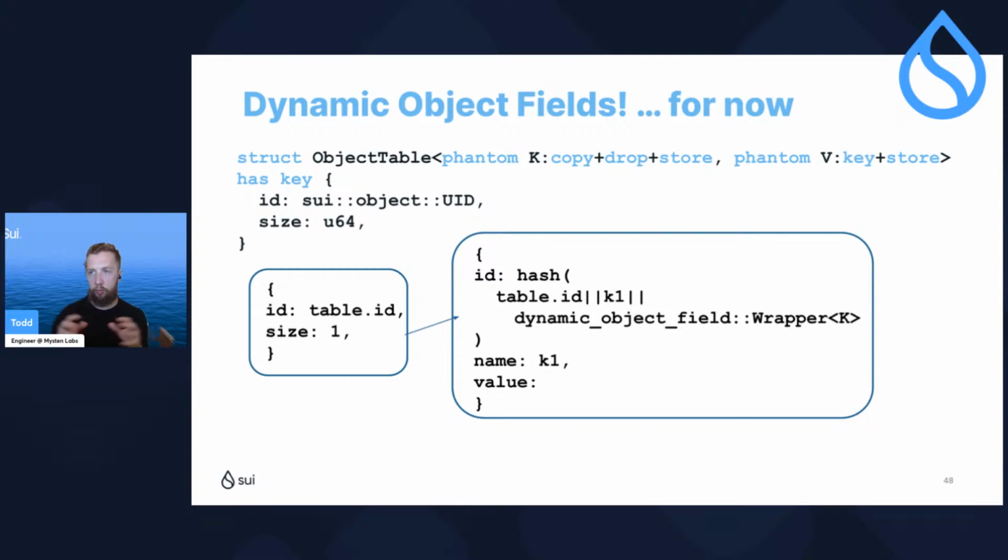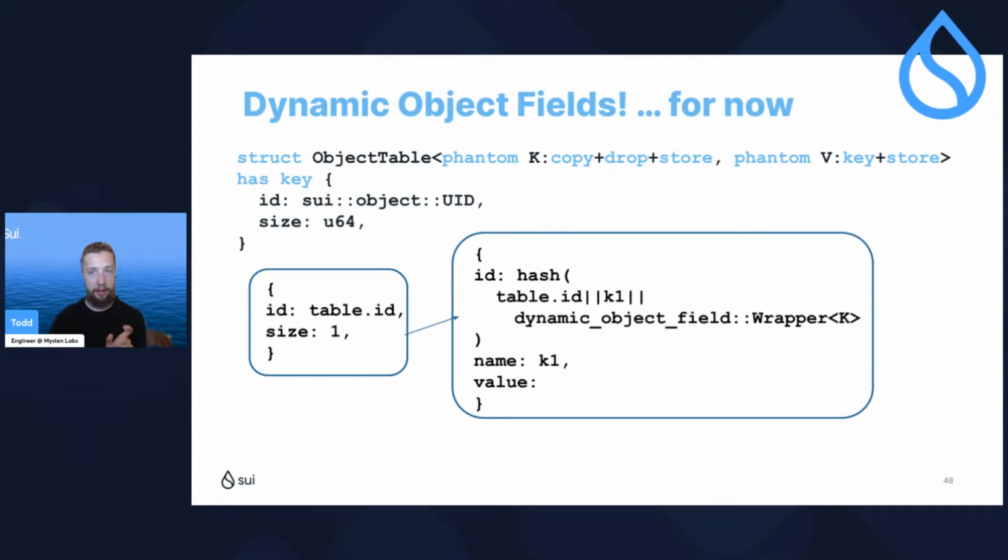For a table, we might want to wrap the keys again to make sure that we're not leaking access, but we don't really need to because we would be restricting the access through the UID. So the only thing we need to worry about instead is just accessing through the dynamic object field. We want to make sure our object fields don't collide with our normal dynamic fields. So we have this type wrapper here.